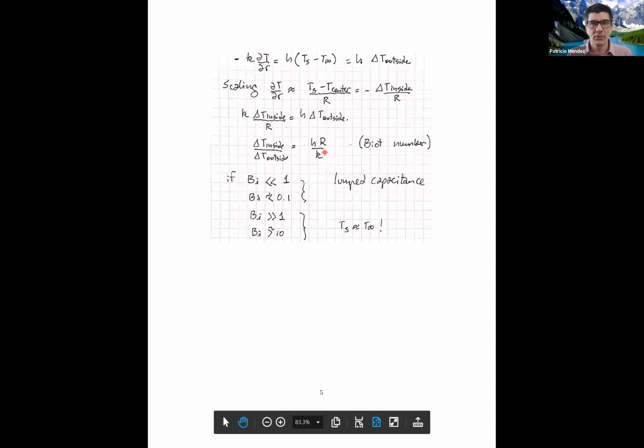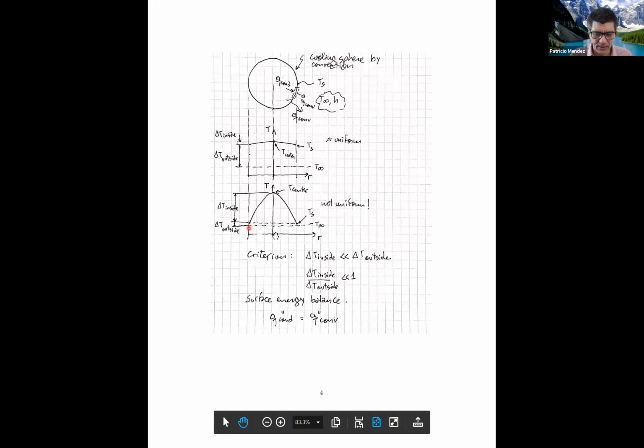For quiz 2, that will be one of the questions you will be asked: can I apply lumped capacitance to this problem? And conversely, if the Biot number happens to be very big, we are in this other case in which the surface temperature is more or less the temperature of the fluid.